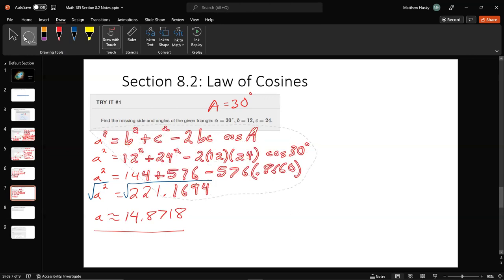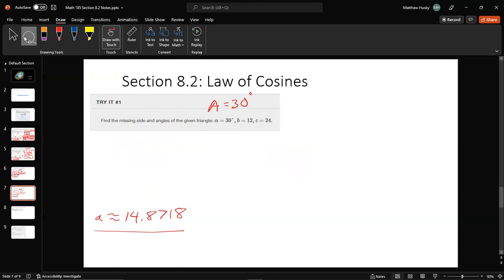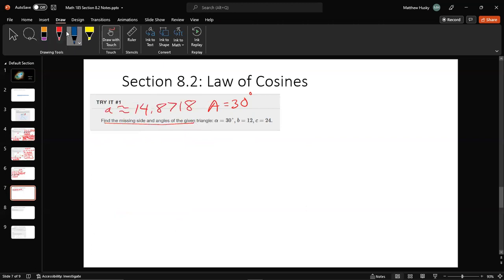Let's make some more room. All right, so we'll save this for later. We are going to want to keep that, but let's go ahead and find angle B.